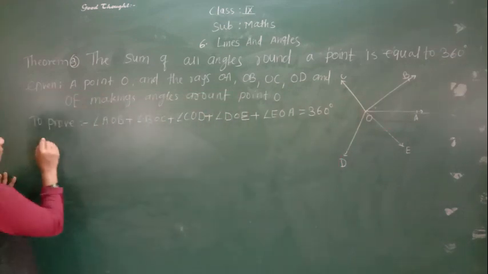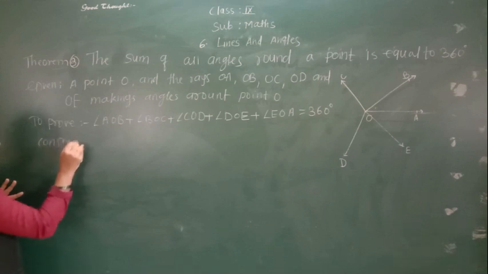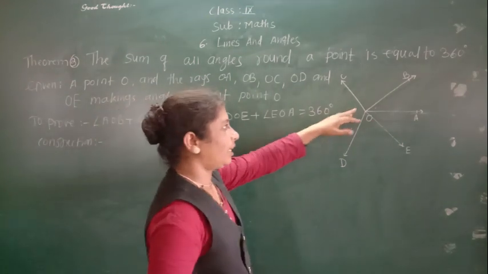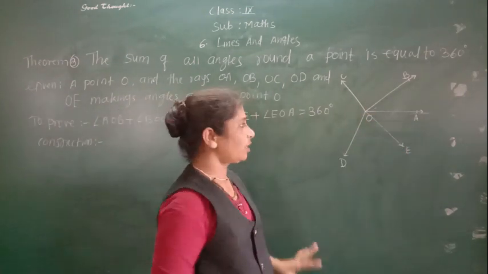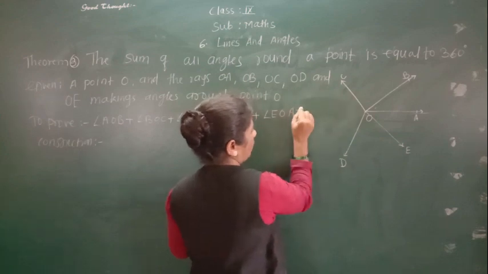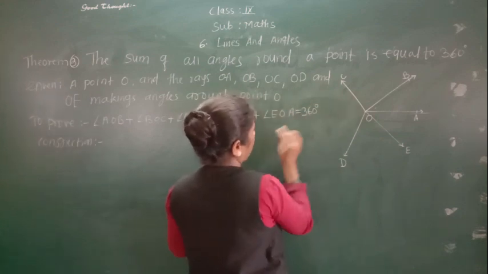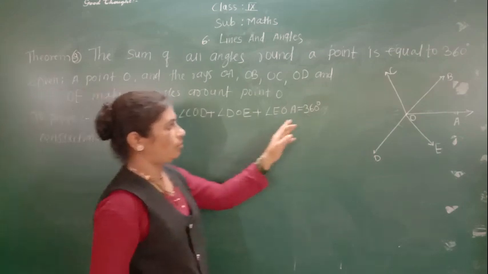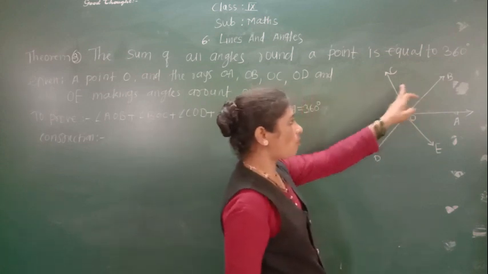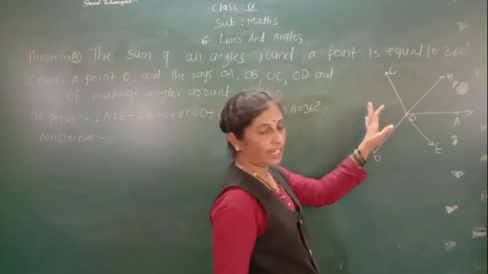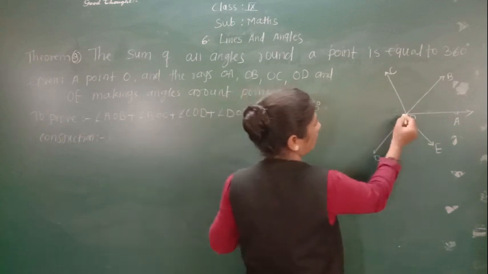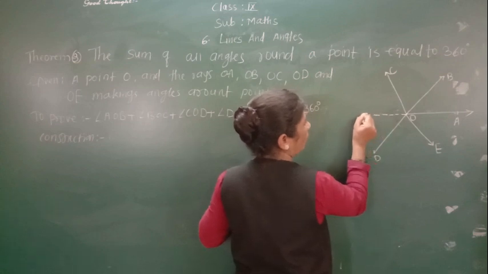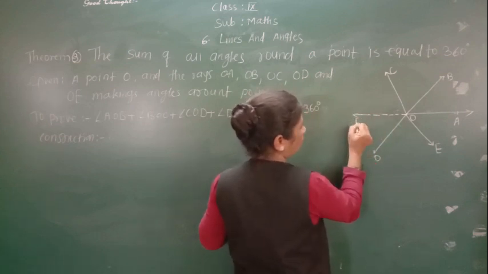Now for this we have to make a construction, because we cannot find this directly. We have to show that the sum of AOB, BOC, COD, DOE and EOA is 360 degrees. For that purpose I will draw OF, a ray which is exactly opposite to OA.